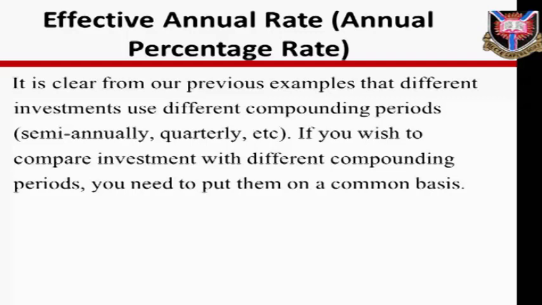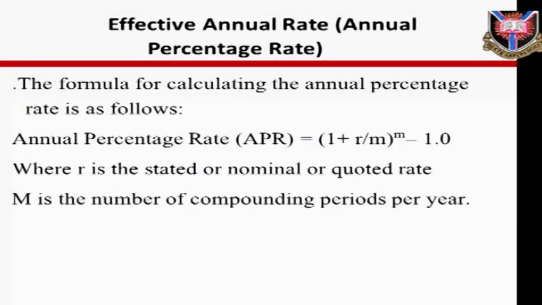This common basis, which is the annual equivalent, is referred to as the annual percentage rate or effective annual rate. The formula for calculating it is (1 plus R over M) to the power M minus 1, where R is the stated or nominal or quoted rate, and M is the number of compounding periods per year.